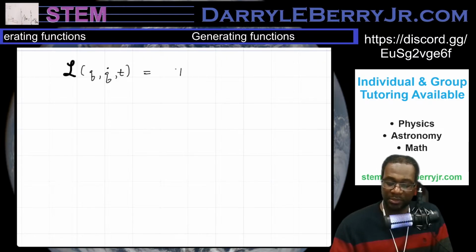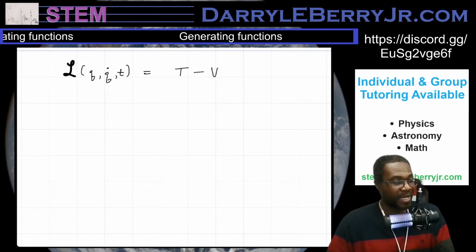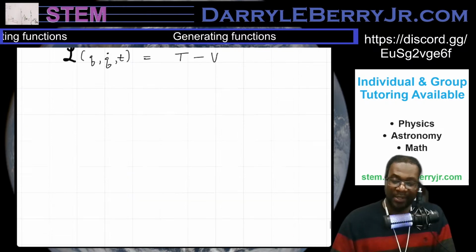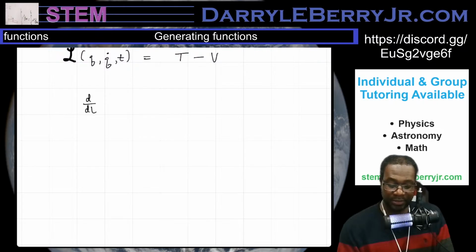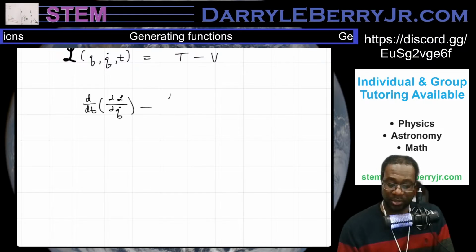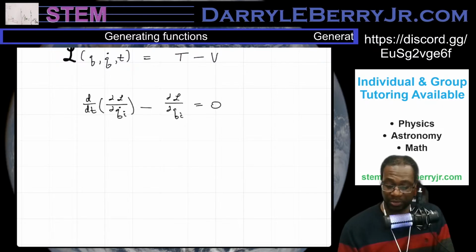And the Lagrangian is going to be T minus V as far as the actual Lagrange function. And there's the Euler-Lagrange equation, which is d/dt of the partial derivative of the Lagrangian with respect to q dot, minus the partial derivative of the Lagrangian with respect to q, and you can have multiple of these, equals 0.